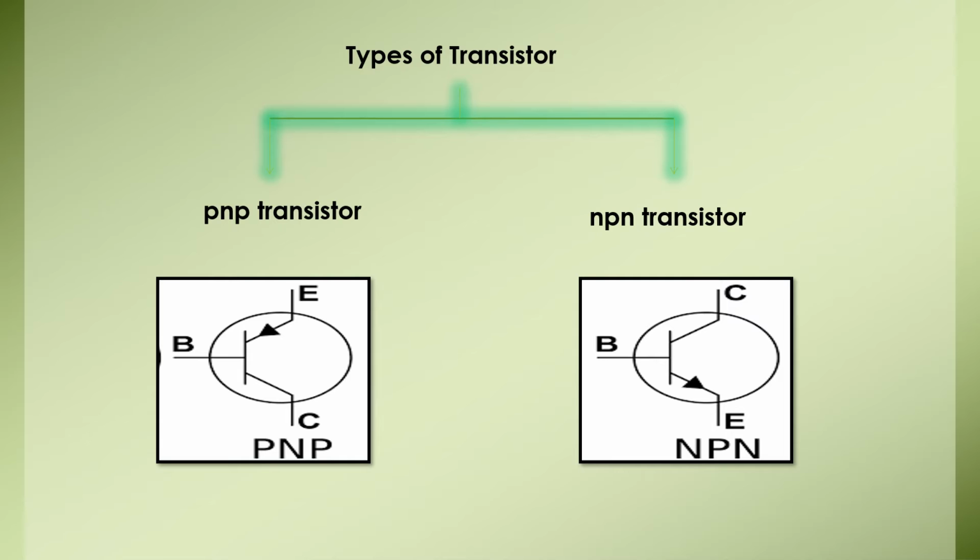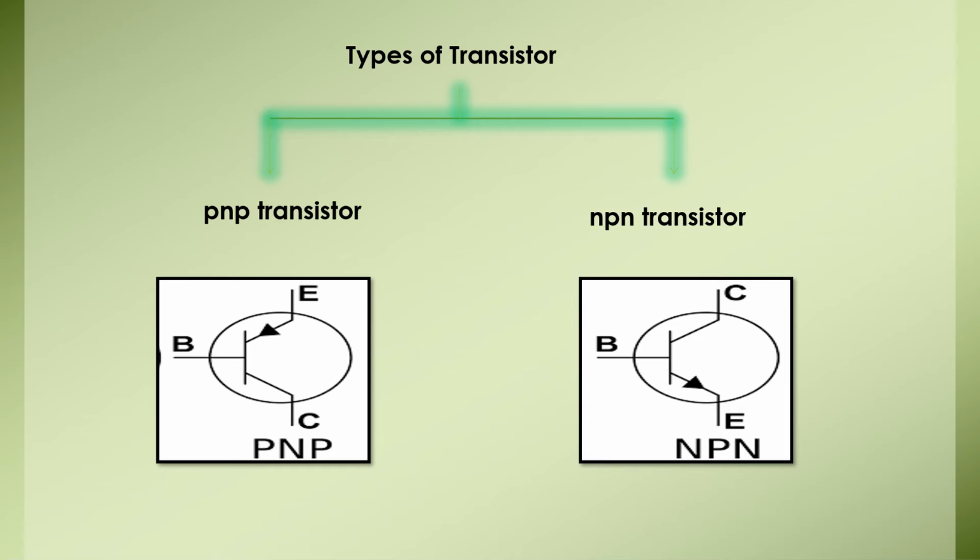In the case of the NPN transistor, the arrow is indicated towards the emitter terminal, means from base to emitter terminal. Current flows from base to emitter terminal, or you can simply remember it as current flowing from positive to negative terminal.